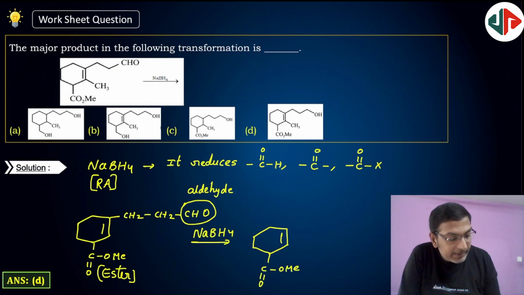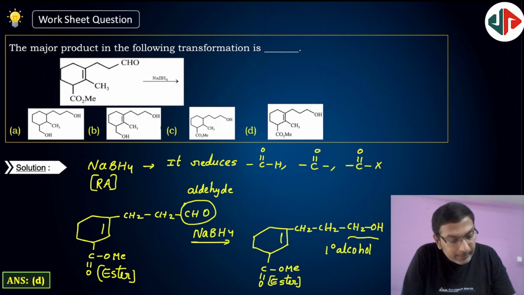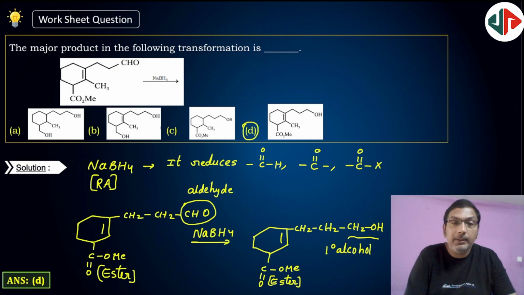The COOMe ester remains as it is. It gives CH2, CH2 and CH2OH, which is a primary alcohol. Therefore option D. NaBH4 reduces only the aldehyde group but not the ester.